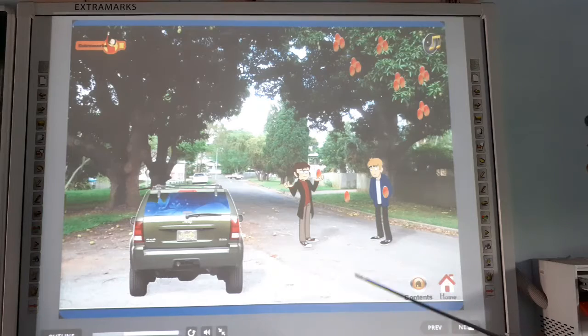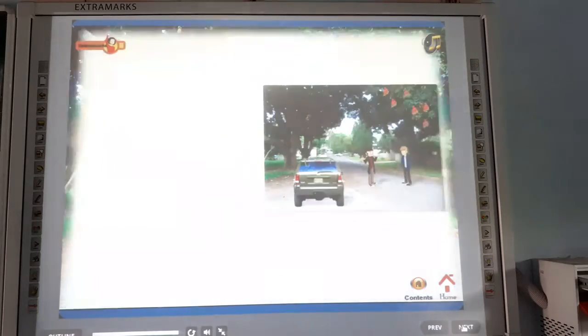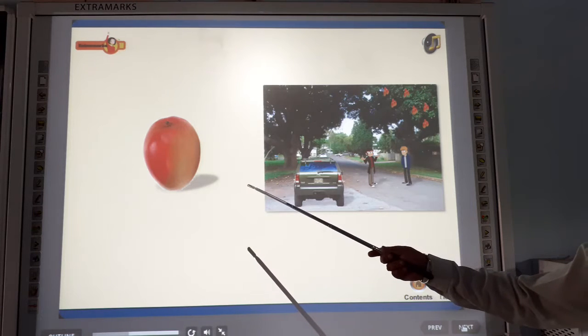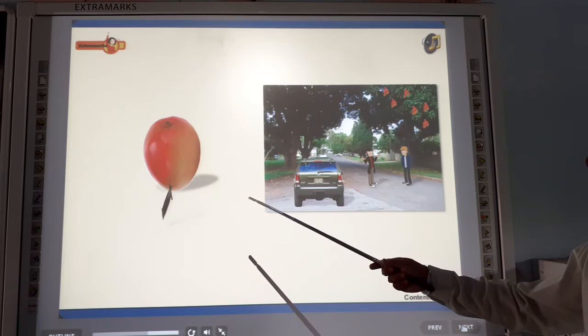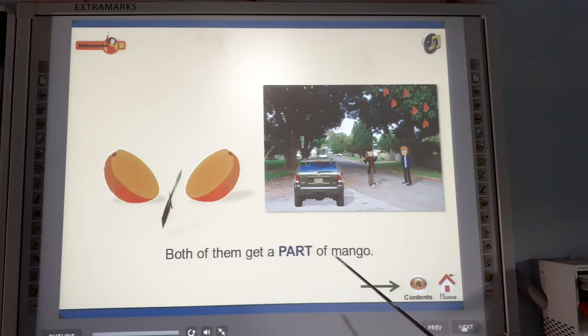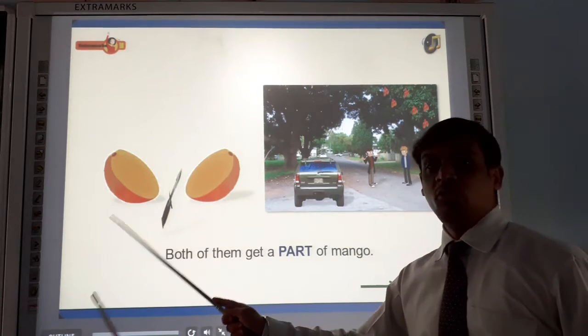Look at this. One apple. Both of them get a part of mango. These are equal parts.